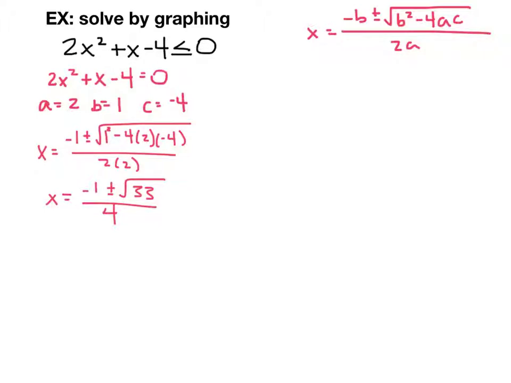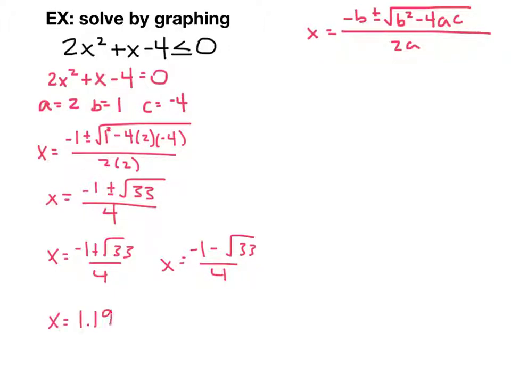Since we're actually just trying to find the x-intercepts, we can use decimals and just approximate. So x is equal to -1 plus the square root of 33 over 4, and x is equal to -1 minus the square root of 33 over 4. We split up the plus and minus because I have two different x-intercepts. They'd be at 1.19 and -1.69, and these are approximations. We're rounding a little bit.